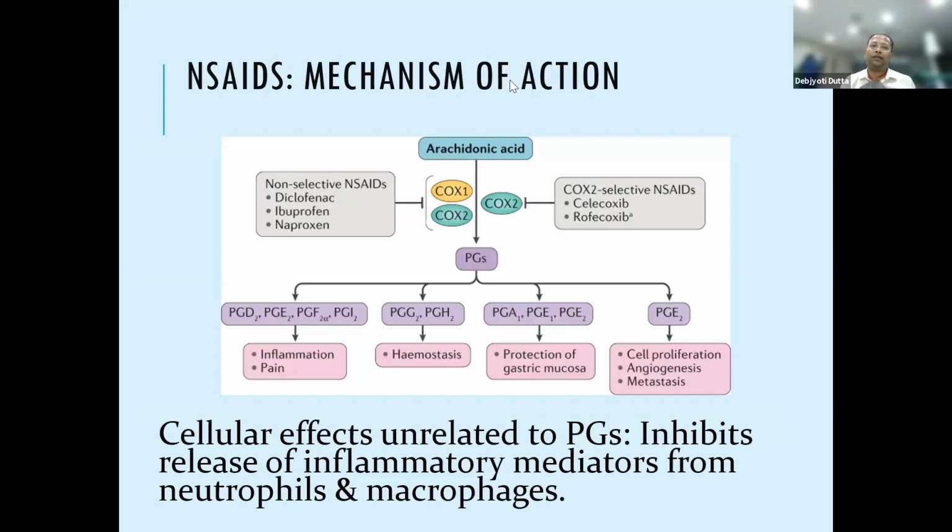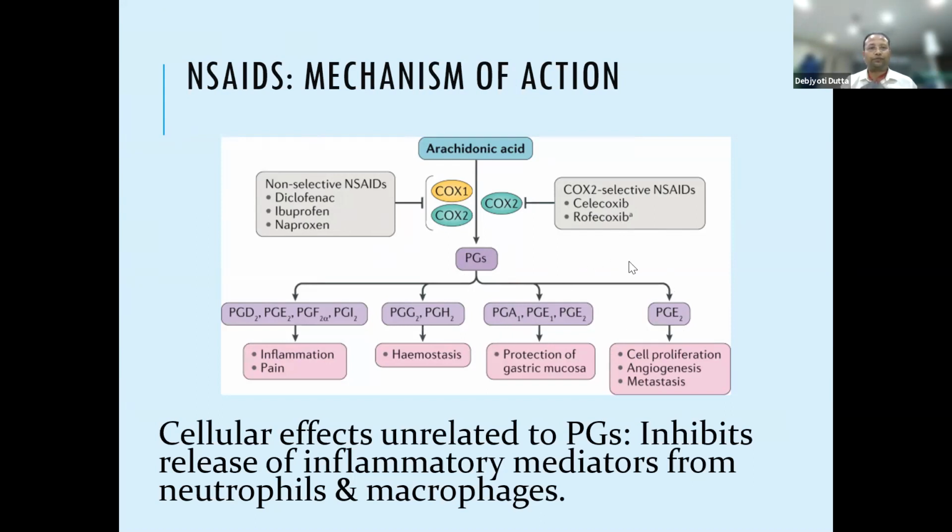For NSAIDs, we know COX-1 and COX-2 inhibitors, selective or non-selective. When prostaglandins are not formed, we are targeting the transduction area, and pain doesn't even start, or low intensity pain will start.